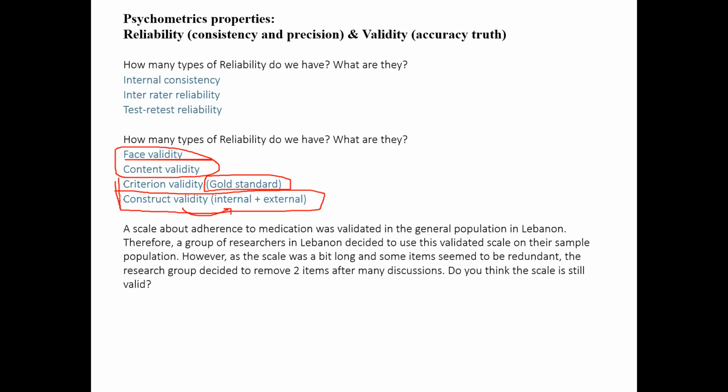So for example, if I have a depression scale, I want to make sure that the different items are loading together on the same factor, which is depression. This is going to be very difficult for me to explain now, but I look at the recording and it will be very well explained.